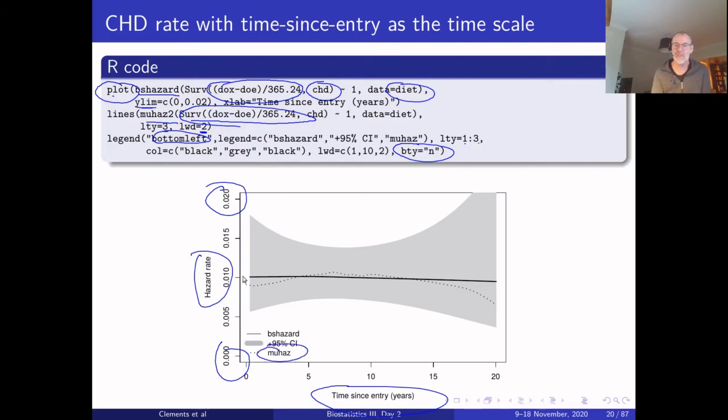This shows fairly strong indication that the hazard does not change substantially between 0 and 20 years when we use time since entry as the timescale.